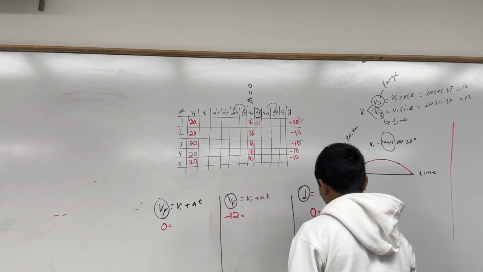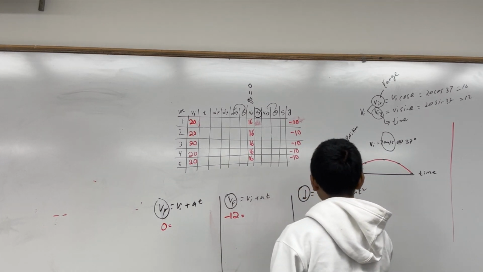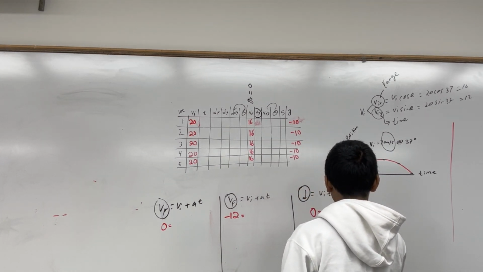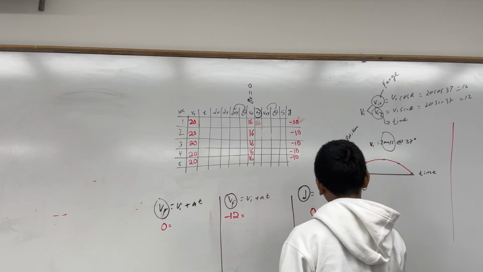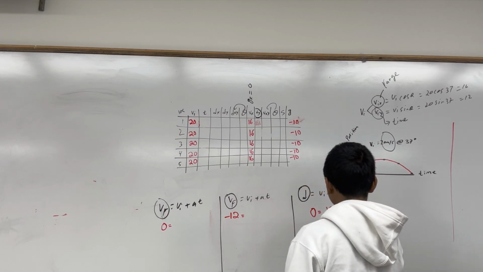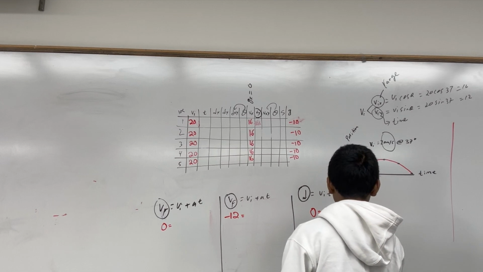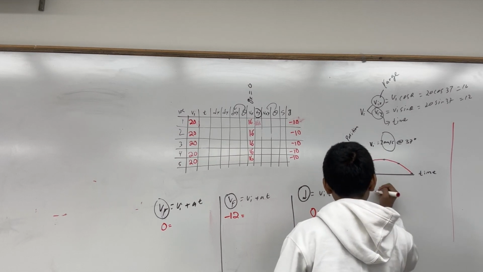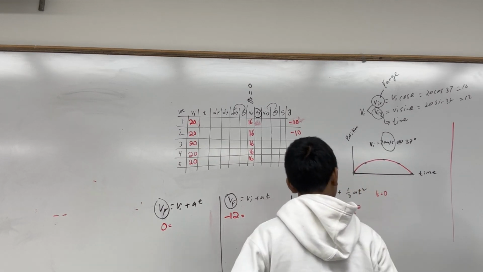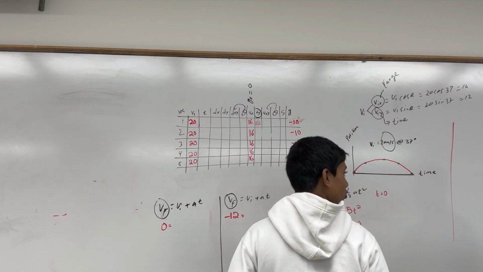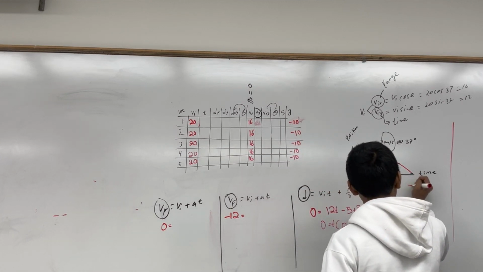All right. So 0 is equal to Vi, which is 12, t plus half a, which is minus 5t squared. So we get 0 is equal to t times 12 minus 5t, which means there are two solutions: either t equals 0, which I guess works, but that's not the solution we're looking for.